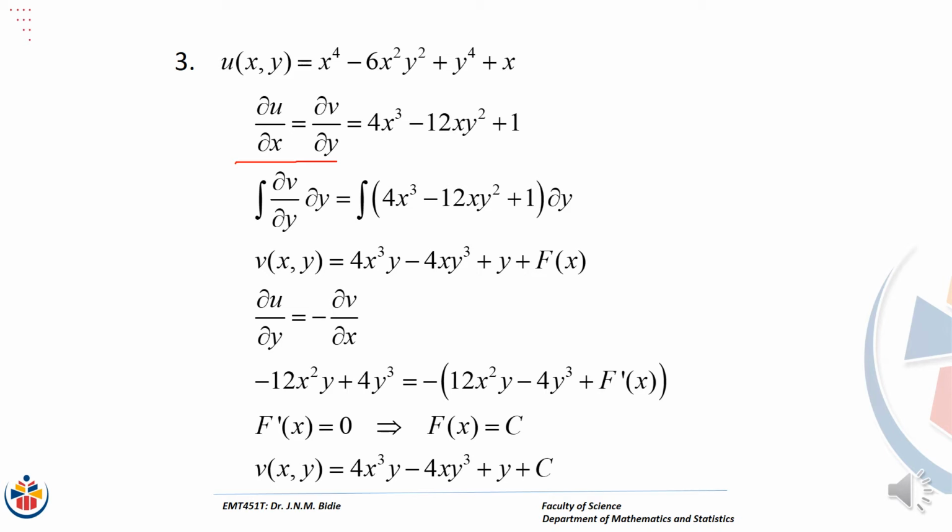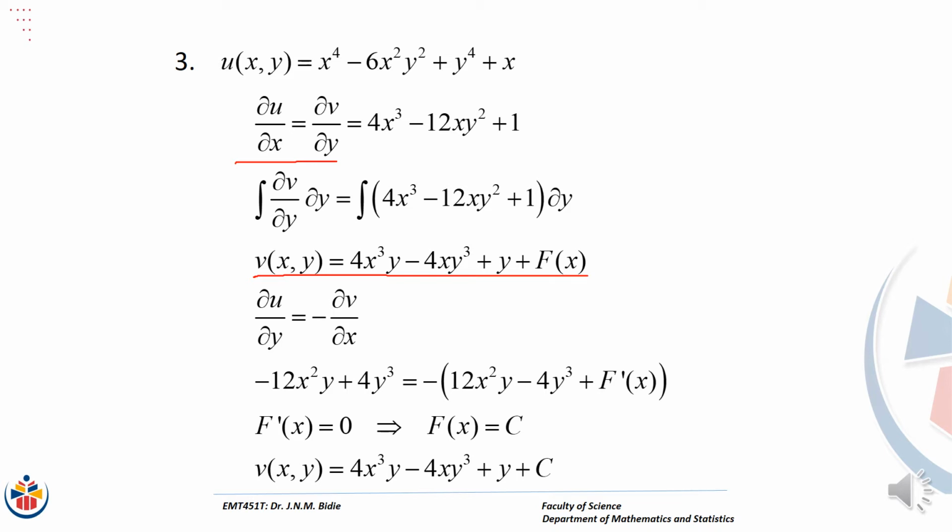And then we are trying to find v, and v here is differentiated with respect to y, so we integrate with respect to y. Then please check whether you're going to get the same answer for v that I got there. And remember, when we integrate with respect to y, we add f of x instead of c.